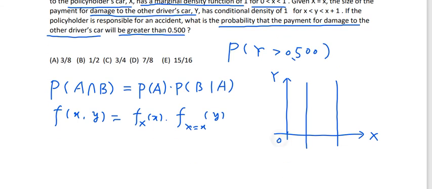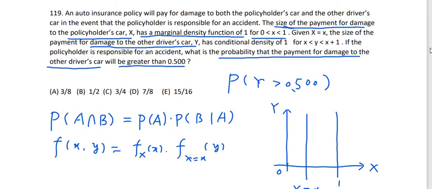Suppose here's 0, here's 1, so here x equals x. Given x, the y has a conditional density function that is constant 1 for y between x and x plus 1.